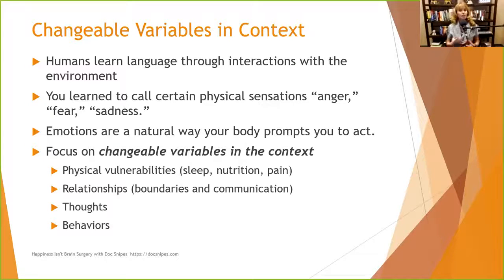Relationships can be changeable variables, focusing on learning how to set effective boundaries, how to communicate assertively, developing positive, supportive relationships. Those are all variables that are changeable. In one situation, you may feel anxious and isolated and angry and all alone, but you can change those variables. That doesn't have to continue.